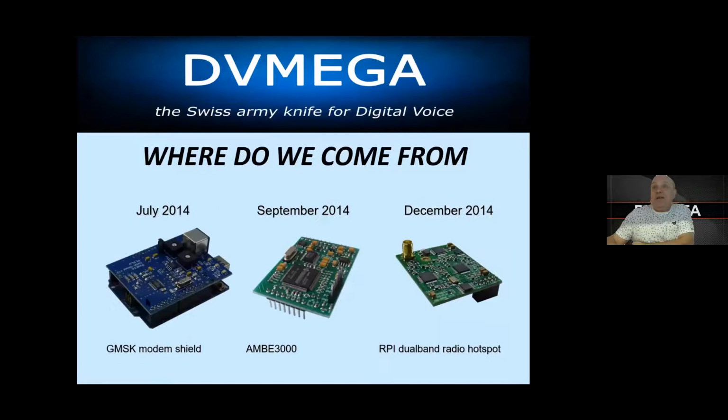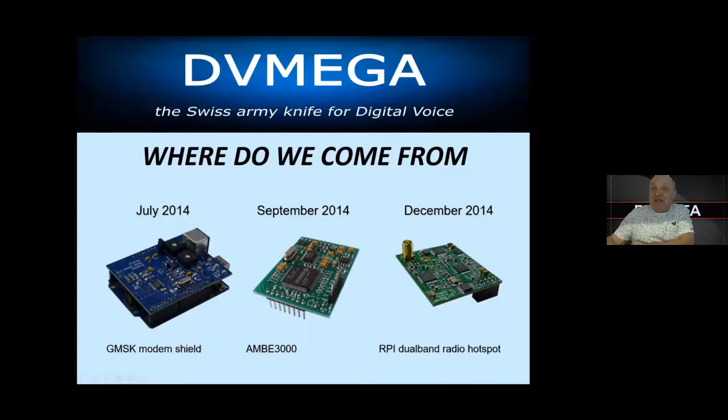From there, a GMSK modem shield to make D-Star repeaters. Then the AMBE3000 came in. This is the vocoder board. I still had the intention at that time to make boards where people play with, but we shall see in a few slides that time changes and that people prefer to have complete products.